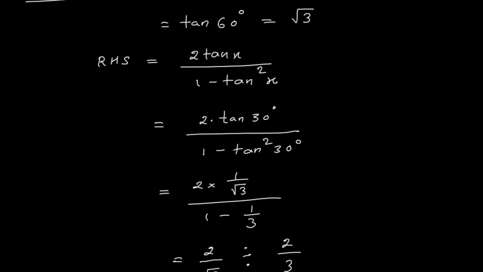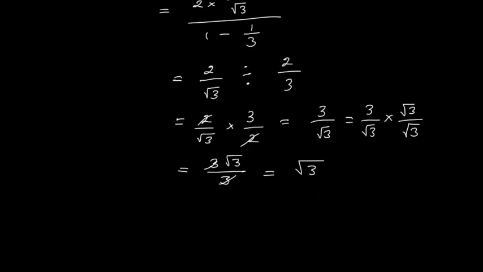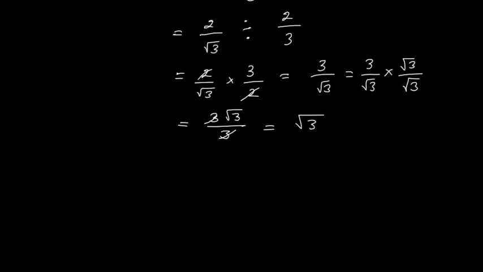So here tan 60 degree, which is the left hand side, has value root 3, and on the right hand side also you got root 3. So I will say that from 1 and 2, left hand side is equal to right hand side.